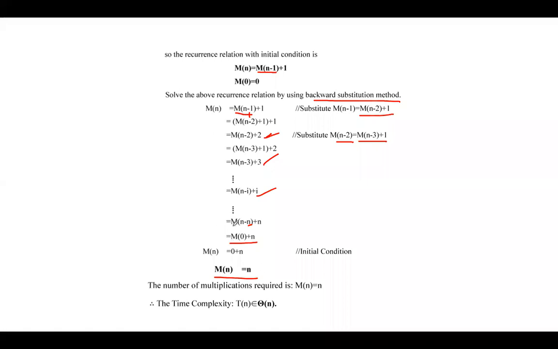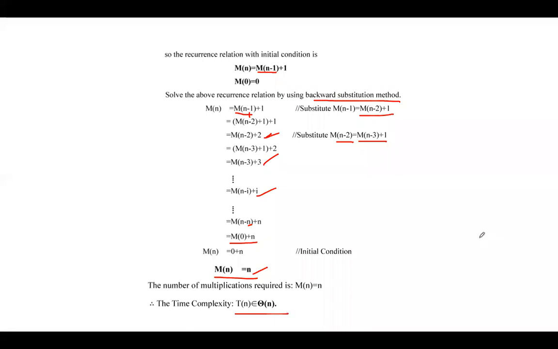Is it clear? M(0) is the initial condition. That is, multiplication will not occur when the n value is 0, so we write M(0) as 0. Finally, what will be remaining? n. So M(n) is equal to n: the multiplicative operation happens n times in the factorial function. So the complexity is Theta of n.